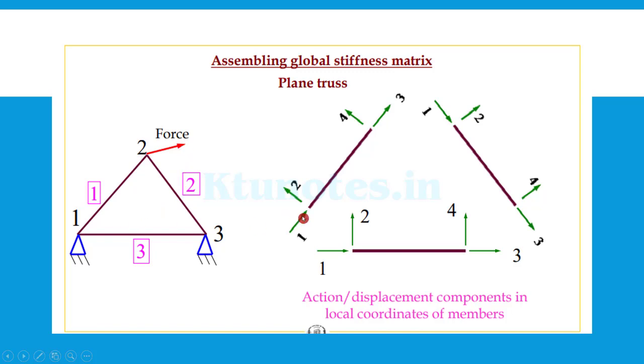The local coordinates for element 1 are 1, 2 on the left side and 3, 4 on the right side, and the local coordinates for the second element will be 1, 2 on the left side and 3, 4 on the right side. Similarly for the third element.